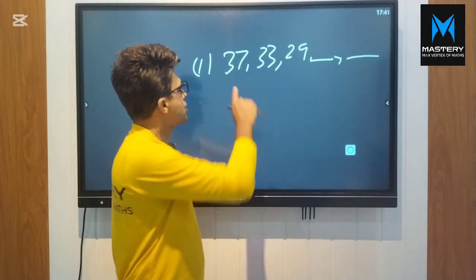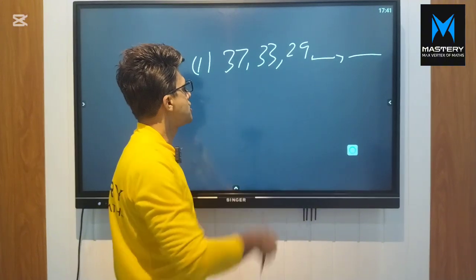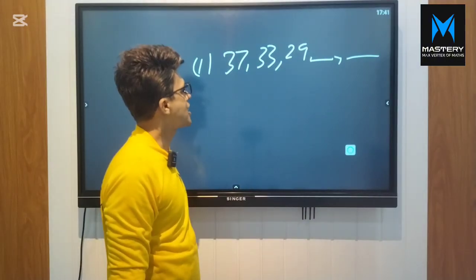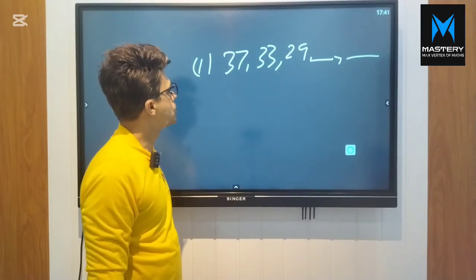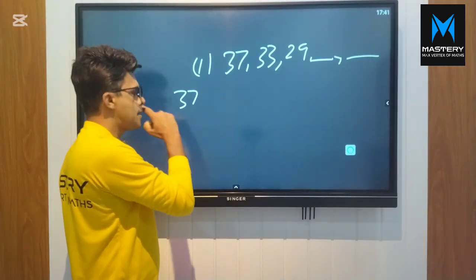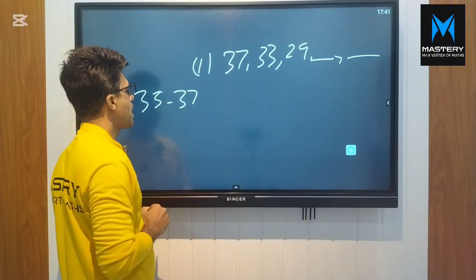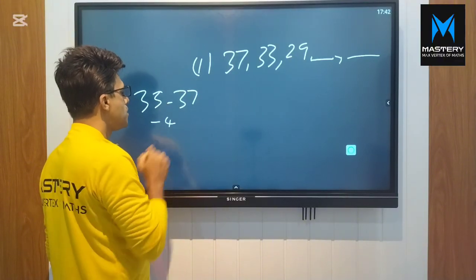From 37, a certain digit needs to be subtracted so that you can get 33. 33 minus 37 is minus 4.